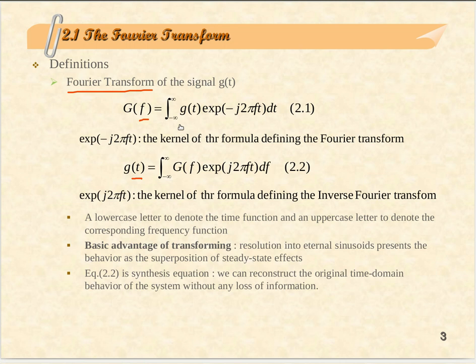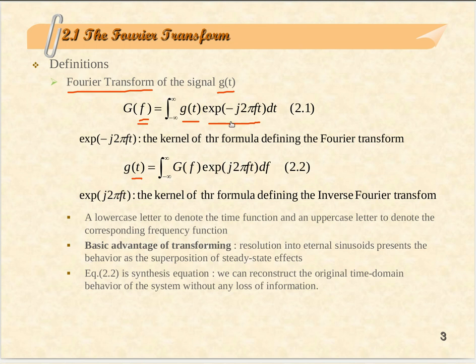So I have the signal. If I have a signal g of t, then I put it in this equation: g of t multiplied by e to the power minus j 2 pi f t. Then I take the integral from minus infinity to infinity over t, the time. This will give me the frequency domain.